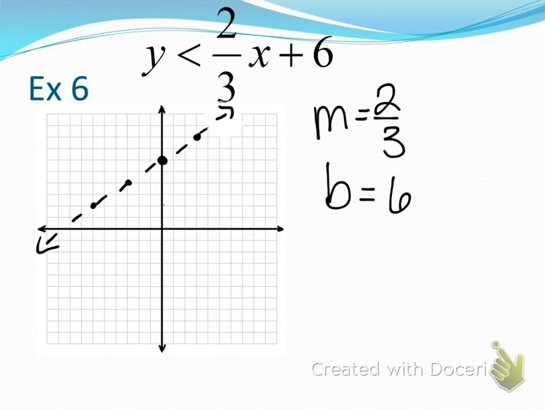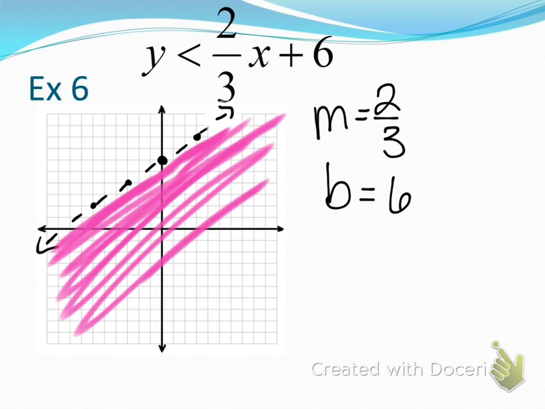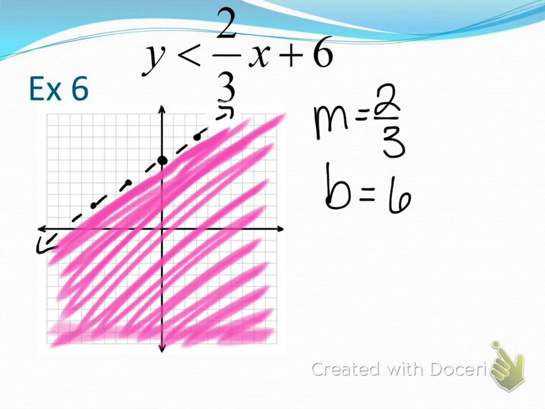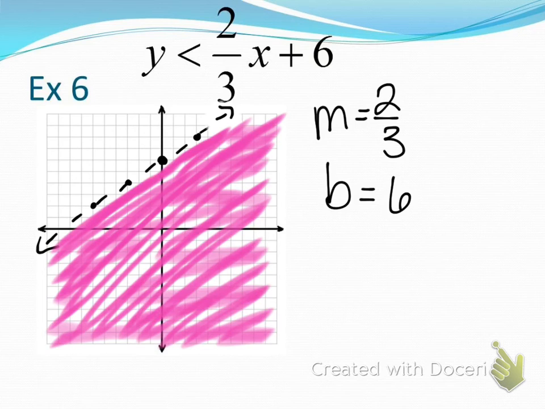Do we shade above or below, Shannon? Below, very good. That is a less than symbol, so we shade below. That is a big area to shade on this one. We shade in that whole thing. Questions on number 6?